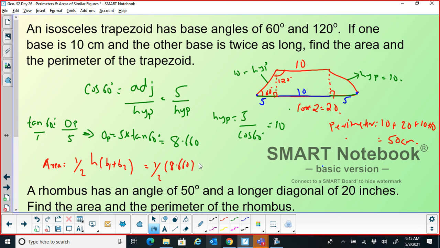And the two bases are 10 and 20, so 10 plus 20. And I have 129.9 as the answer once I simplify this. 129.9 centimeters square.